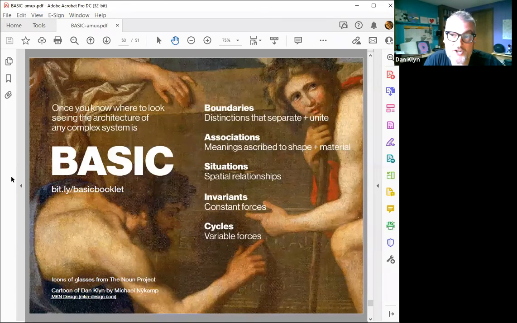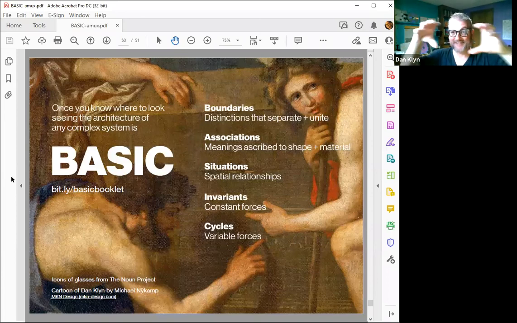And the architectural move, so how do you see more like an architect, is to zoom back and say, yeah, I know I only have permission to work on this part, but this part is circumscribed by that, which is surrounded by this. And so I'm going to make some different choices because I know about the that and the this that are nested, where I've been told to do my thing is nested in some other contexts.